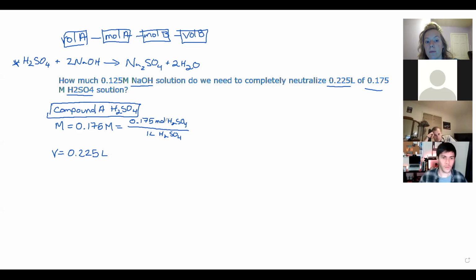For solution stoichiometry, we like to see moles per liter and we like to see liters here. So compound B is going to be the other thing: the thing you have less information on and the thing you're trying to work towards. So compound B is going to be NaOH.